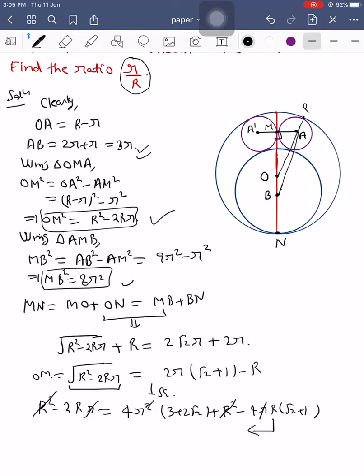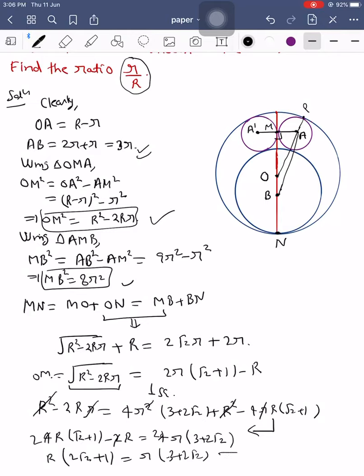Now shifting the terms of capital R to the left hand side, we can write 4R into (root 2 plus 1) minus 2R equals 4r (3 plus 2 root 2), and divide by 2 as well. Taking R common from the left hand side, we can write R (2 root 2 plus 1) equal to small r into (3 plus 2 root 2).